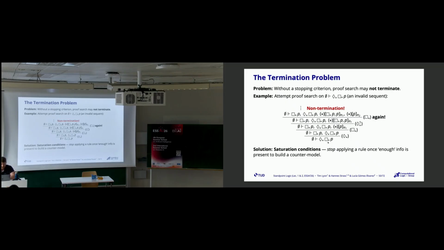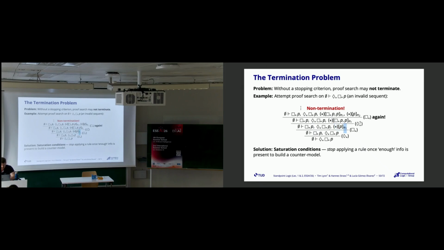So here's an example of a problematic proof search. If we do not have termination conditions imposed, then we could, for example, take this particular nested sequent, and if we apply the universal diamond rule bottom up, that would introduce this box star P, and applying the box star rule bottom up would introduce this component with a fresh label P1.